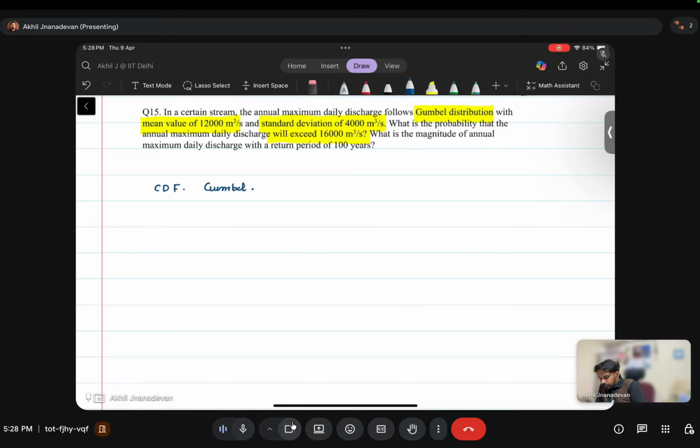The CDF is capital F of x, with parameters alpha and beta, given by exponential of minus exponential of minus (x minus beta) by alpha.